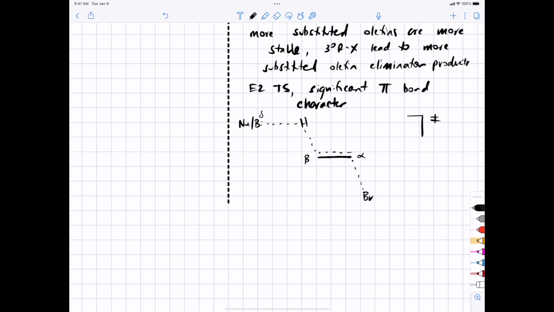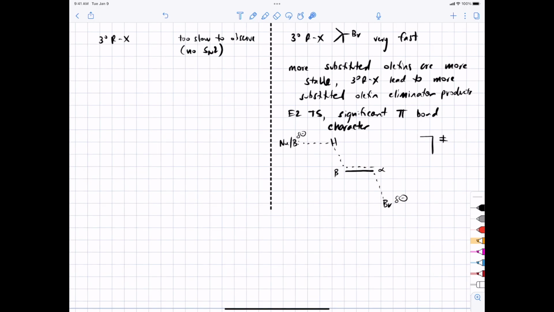There would be partial negative on the nucleophile, partial negative on the leaving group, and substantial pi bond character in the transition state. So again, what makes the alkene more stable will also make the E2 transition state lower in energy. So the more substituted alkene product will form more quickly.